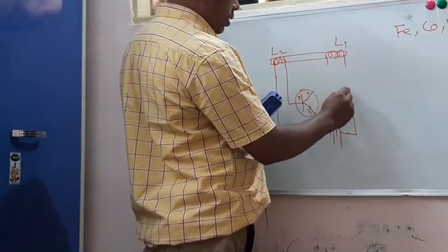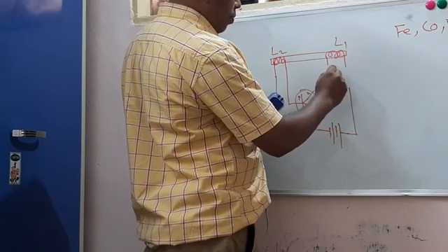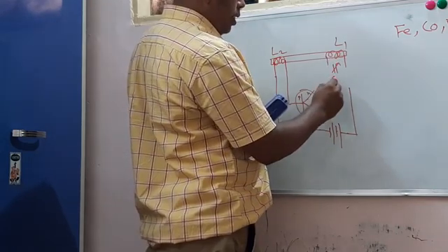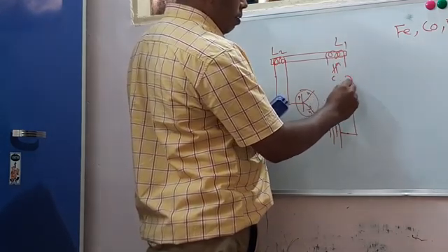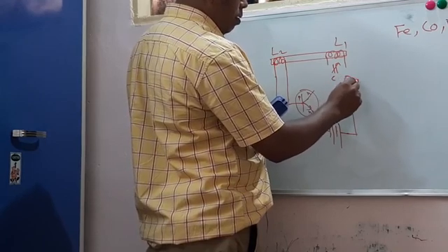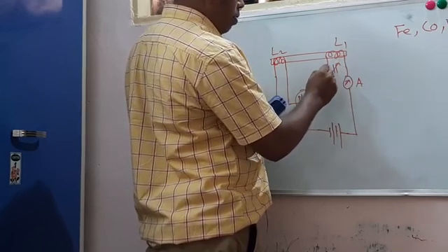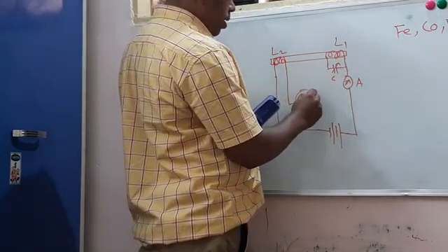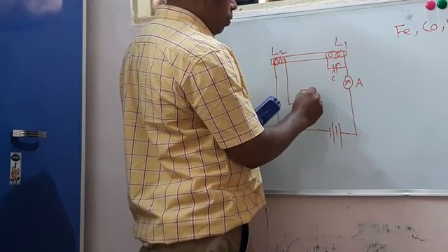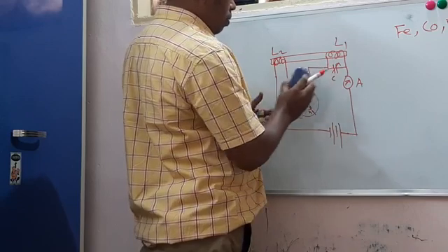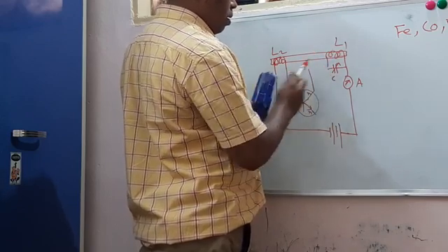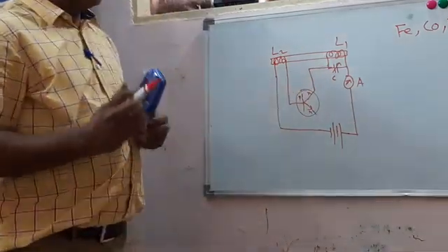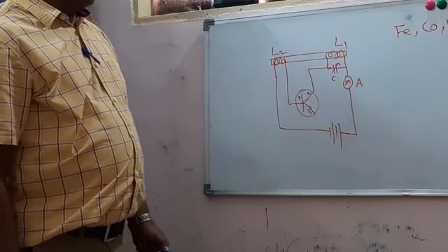So there is a variable capacitor C1 and an ammeter, and the base terminal. The collector terminal is connected to another end of the inductor coil L1.